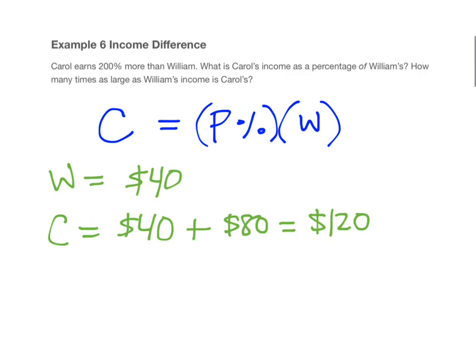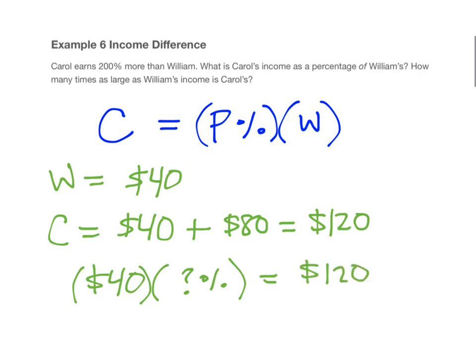Okay, so then what is Carol's income as a percentage of William's? Meaning what do we need to multiply William's by? And that's where we can get back up to this blue equation. What do we need to multiply William's by? What percentage? Okay, and I can call it P% or a question mark, in order to get Carol's, which is $120.